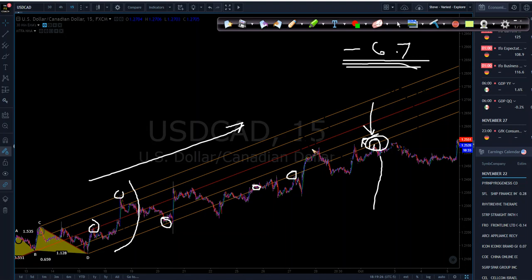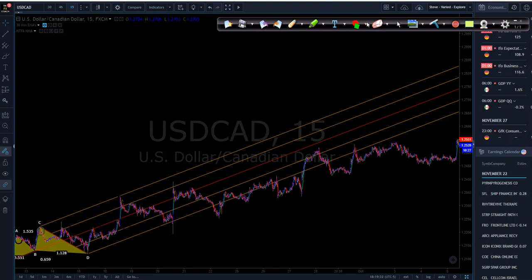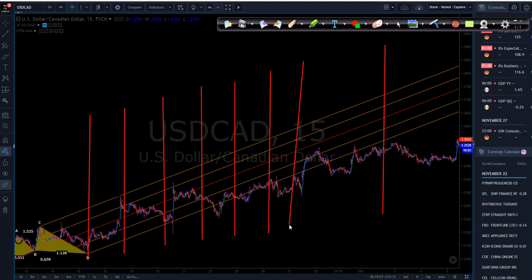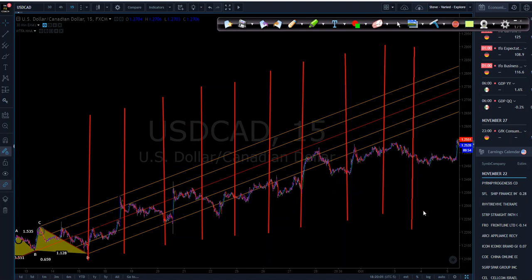What that means, in an abstract conceptual way, is if we were to take the current point in time and divide it into segments, and excuse my scaling here, 1, 2, 3, 4, 5, 6, 7, 8, 9, 10.